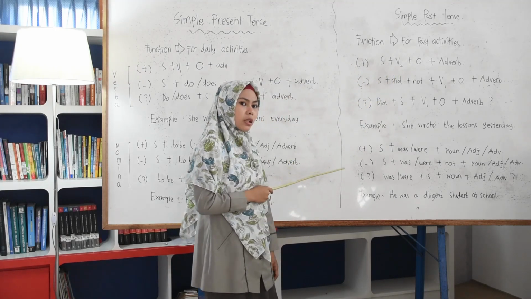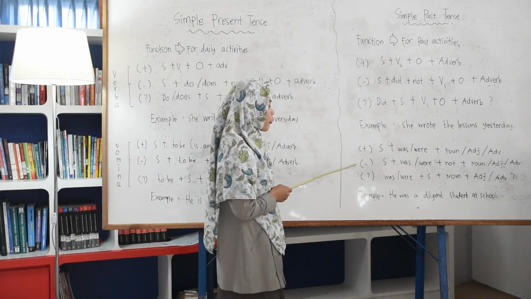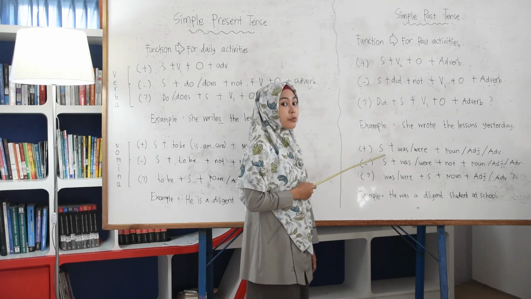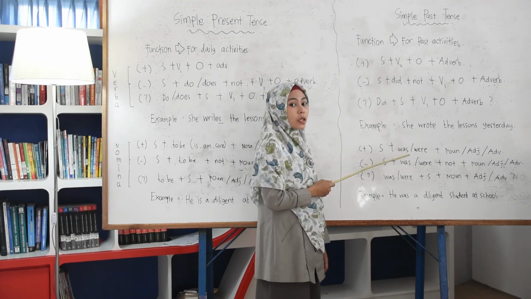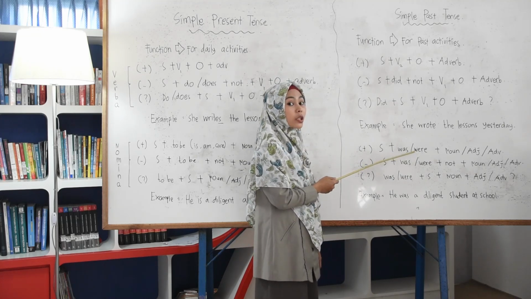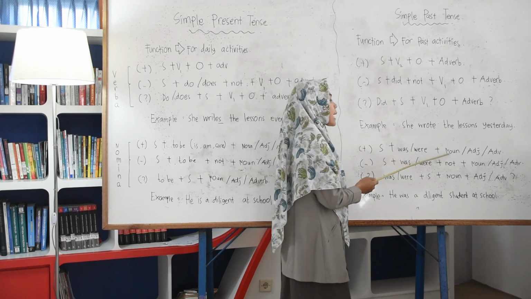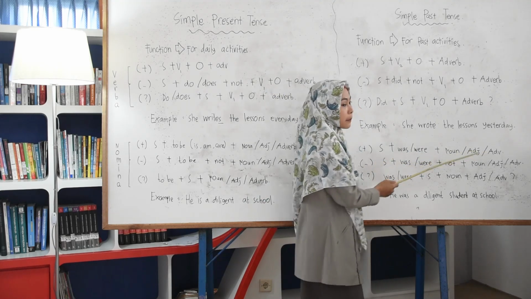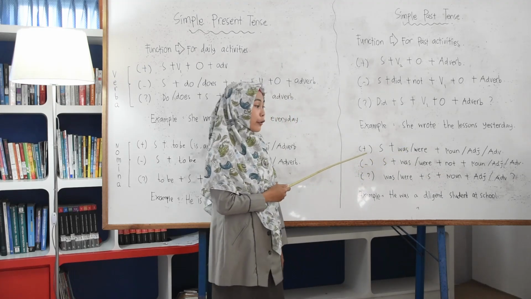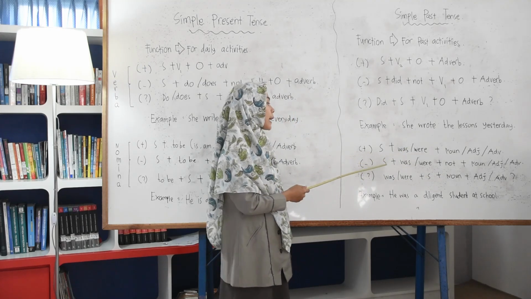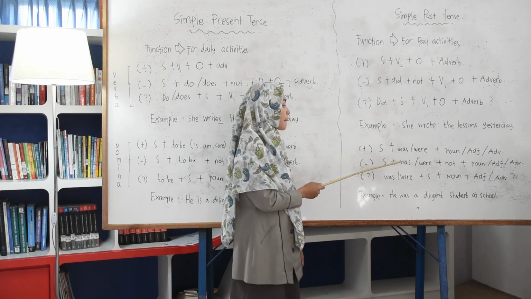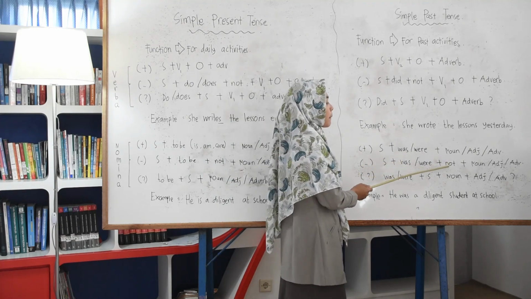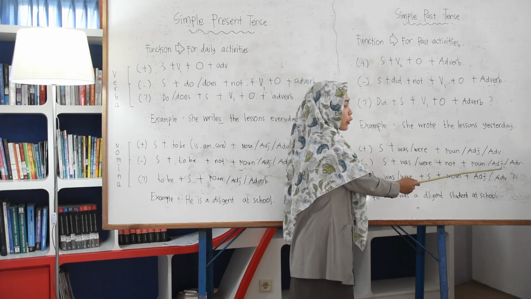Okay, let's talk about nominal form. The positive form is subject plus was or were, it depends on the subject, plus noun, plus adjective, plus adverb. In the negative form is subject plus was or were, plus not, plus noun or adjective or adverb.